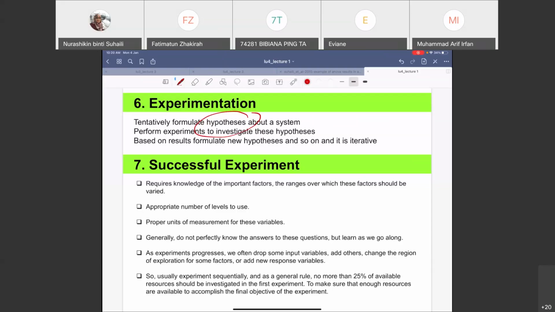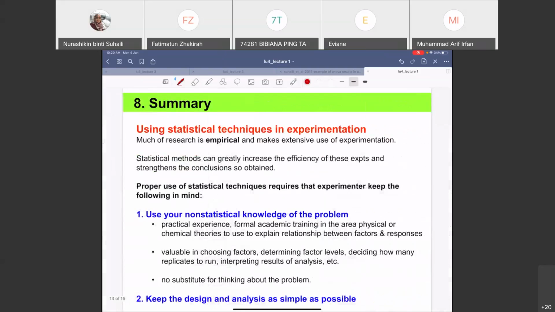So this is all the answers to what we have discussed before. Summary: use statistical techniques. I've mentioned the importance of statistical analysis.